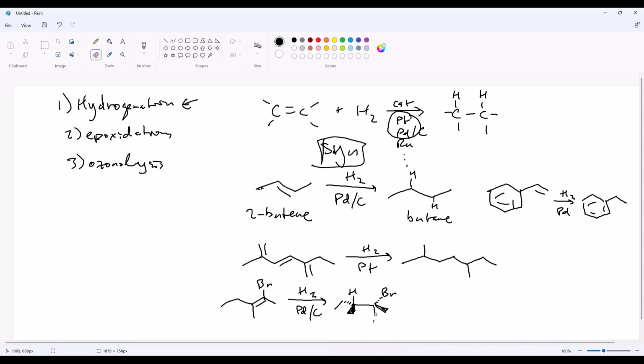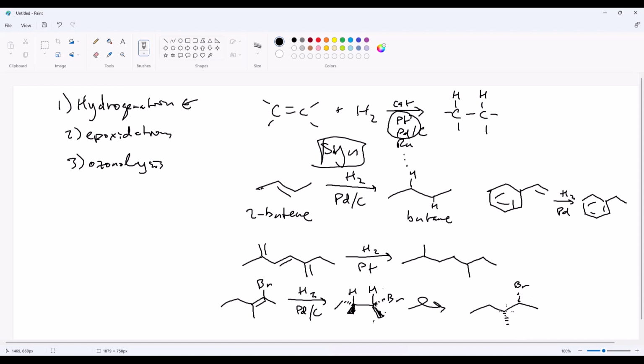We'd have the H's add syn to one another, and that's because the mechanism dictates that the H's are not added at the same time, but they are added on the same face of the double bond. So this bromide would be facing backwards, this methyl would be facing up. And if we rotate this, so this would be in the plane, this would look something like this, where we'd have the methyl facing back and the bromide facing back.